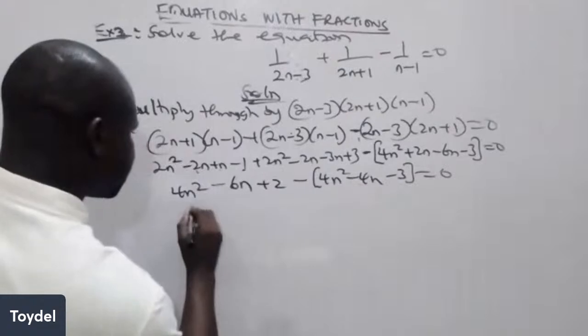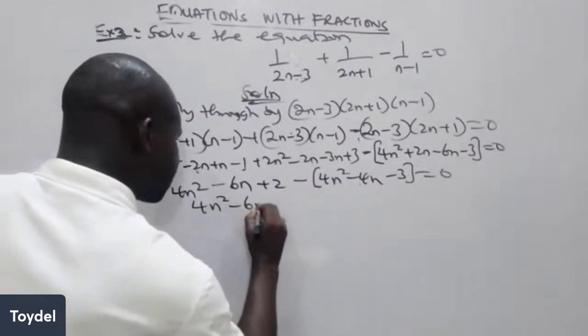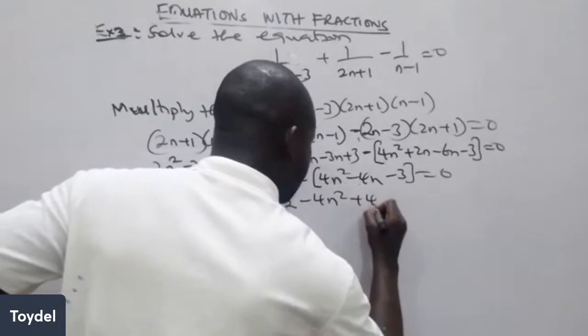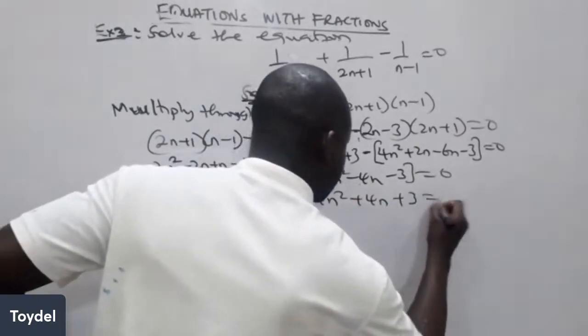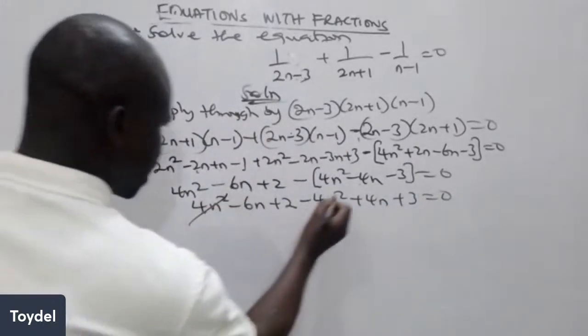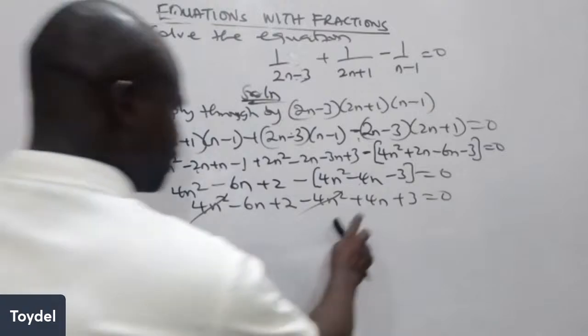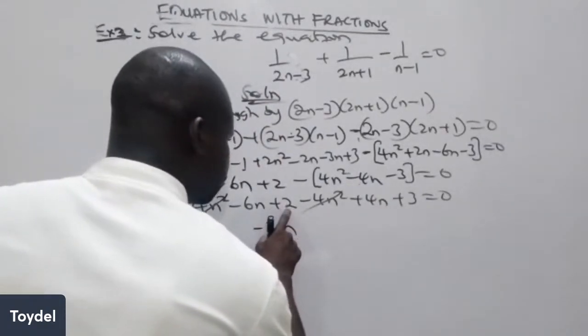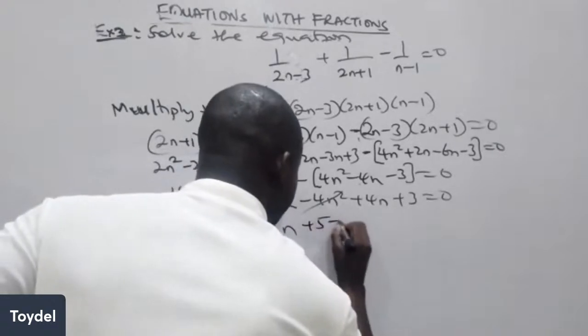So this minus will control everything there. We have 4n squared minus 6n plus 2 minus 4n squared plus 4n plus 3 equal to 0. So 4n squared can take care of 4n squared. Then 4n minus 6n, that will be minus 2n. We have 2 plus 3, that's plus 5 equal to 0.